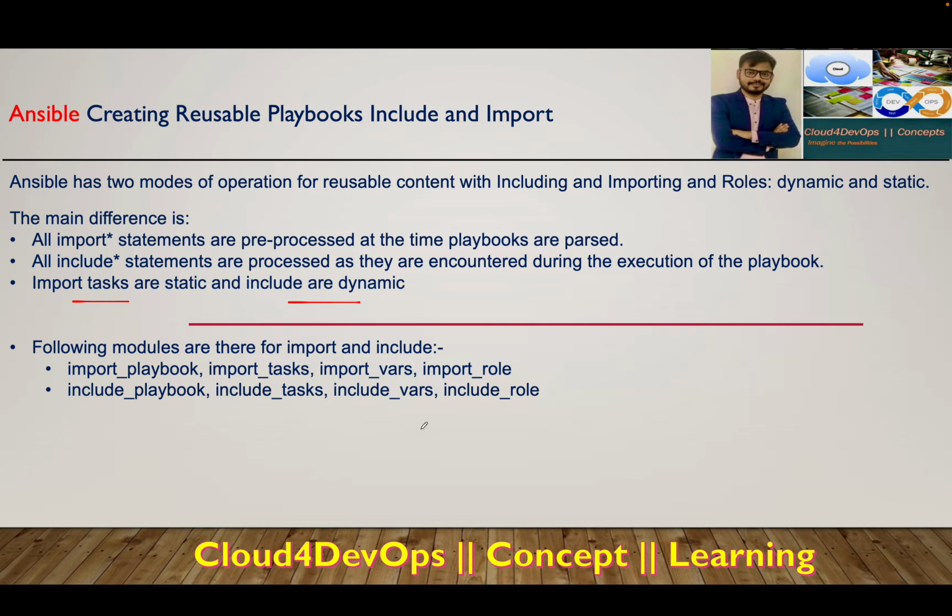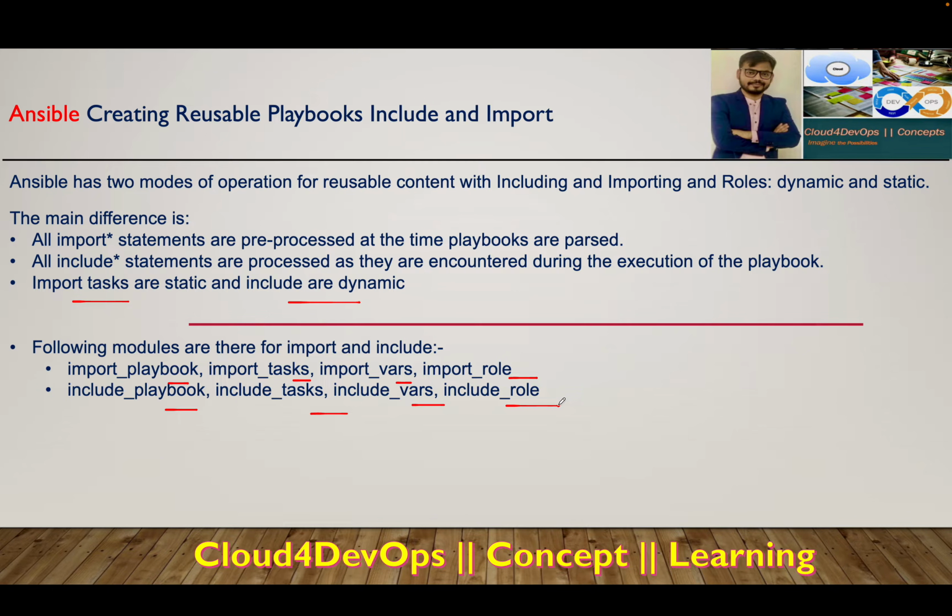Now, the following modules are there for import and include. You can import a playbook, task, variable, and role, and the same goes for the include statement: playbook, task, variable, and role. I have seen only these four for both statements. It helps us a lot to chop down our big playbook into multiple files. Again, it depends upon your requirement.